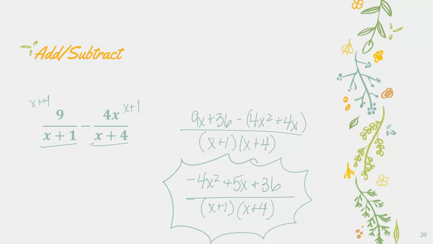I probably should check the discriminant just to see if this top is factorable, and I get 25 plus 4 times 36, whatever that is. 4 times 36, 144 times 4 is 400, 560, 576.